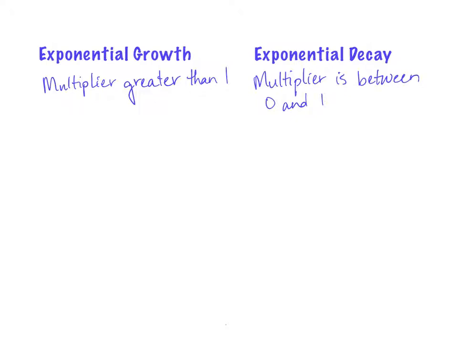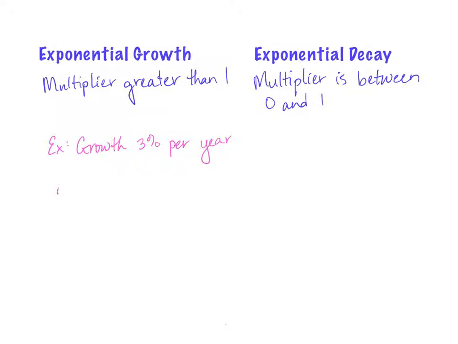So with exponential growth, an example that we're looking at is if, let's say I have an account that grows by 3% a year. Couple things I need to be comfortable with.